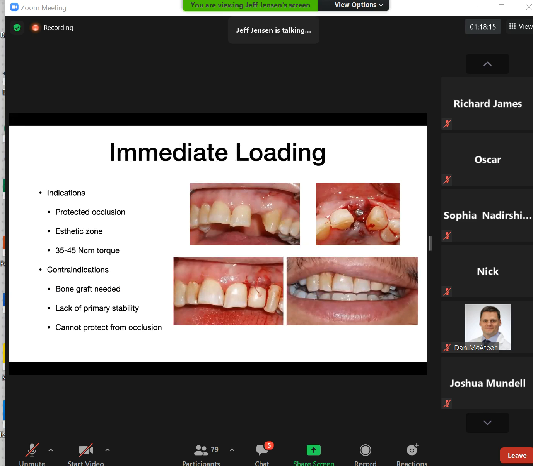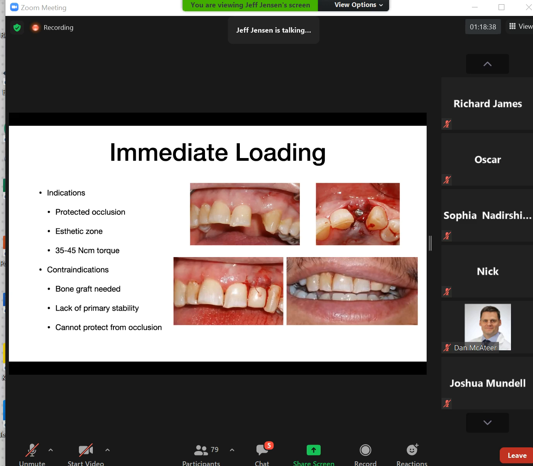So here's some immediate loading for what we were talking about before. Okay, so we want to have a protected occlusion. It's nice to have adjacent teeth around it so that those teeth can take the bulk of the pressure. We typically think of this more in the aesthetic zone than we do in a molar or something like that. Again, there's that 35 to 45 torque, so we want to have good initial stability.